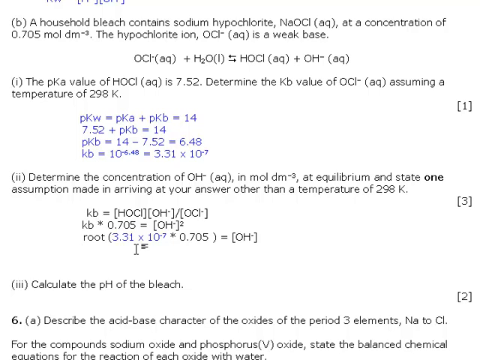Is it? 1, 2, 3, 4, 5, 6, 7, yes. Now we take the square root of that, and that comes to 0.000483. Better expressed as 4.83 times 10 to the minus 4 moles per litre, of course.